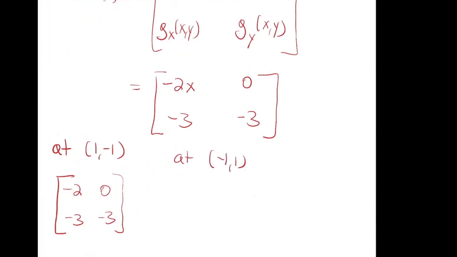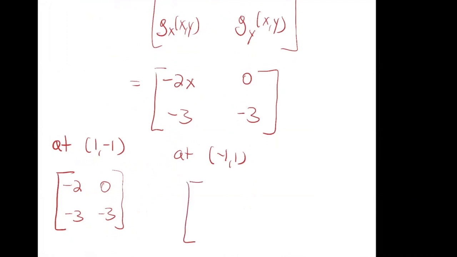And then we could evaluate the Jacobian at our other equilibrium. And that would give me a different matrix that has different eigenvalues, generally speaking.